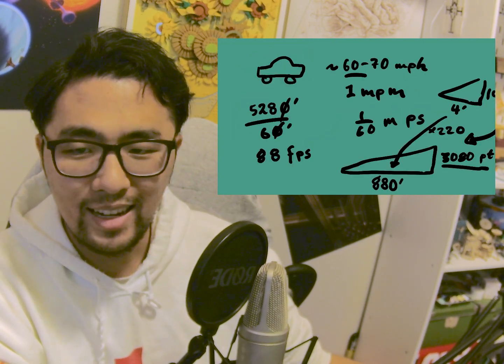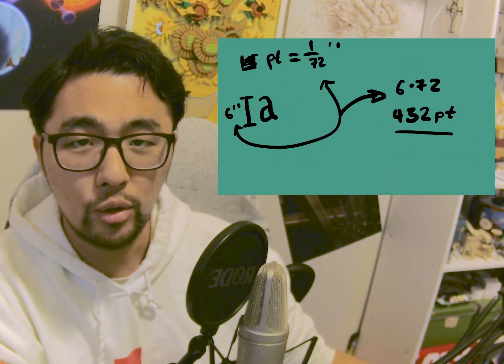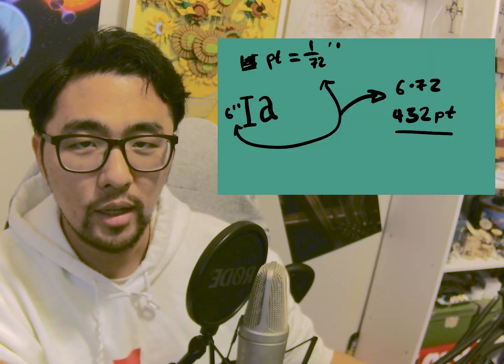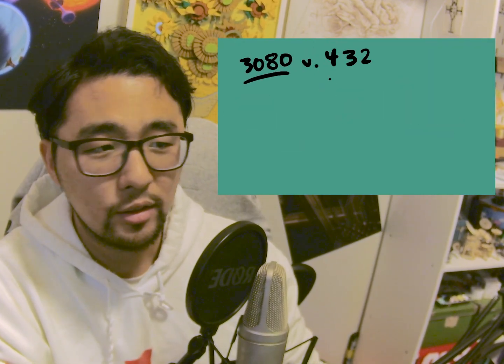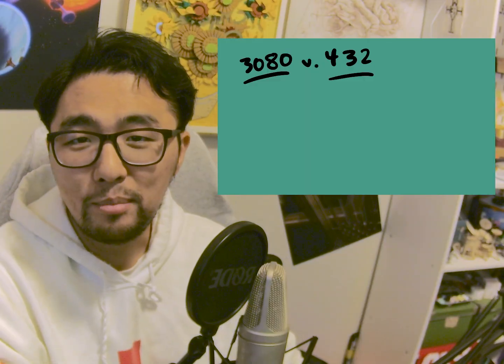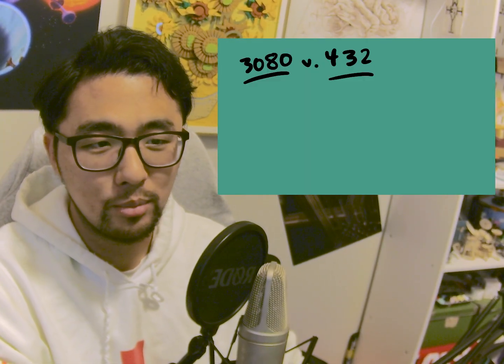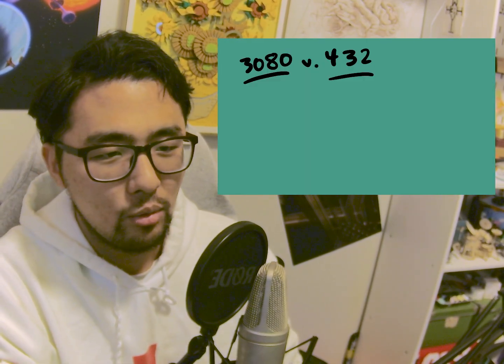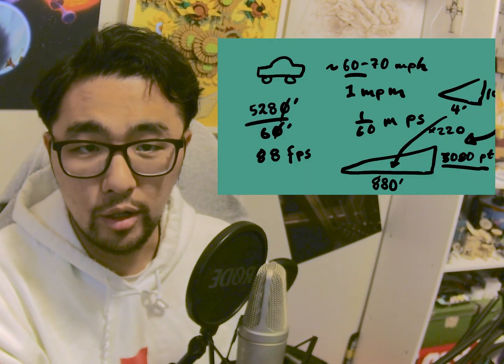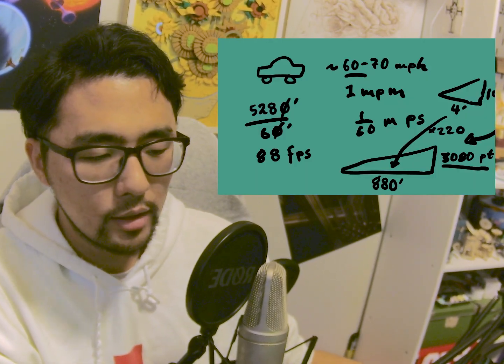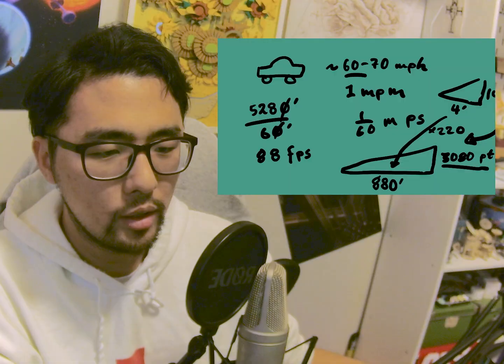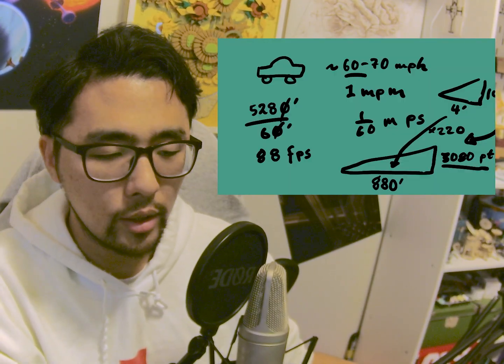We have 3,080 here, and we have 432 here. What is going on? 3,080 versus 432 is a pretty big difference. Why is it so different? Well, maybe there's a wrong assumption here. Maybe instead of it being 10 seconds away, we only need 5 seconds to read what's on the highway sign.